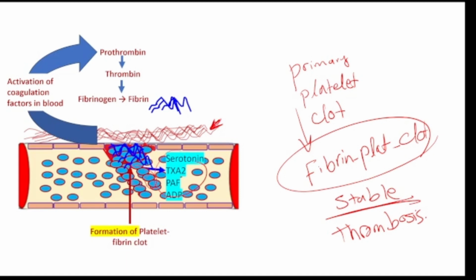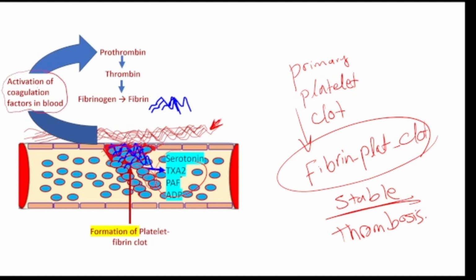After all these processes happen, the platelets demonstrate adhesion, activation, and aggregation at the damaged site. They start connecting and touching the collagen fiber, and this will lead to the activation of coagulation factors.